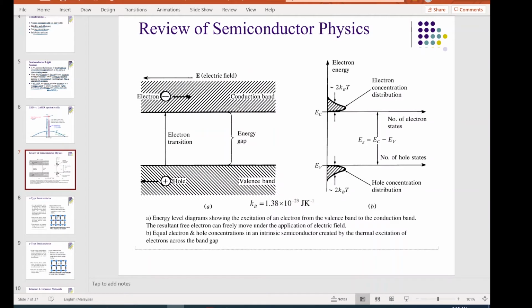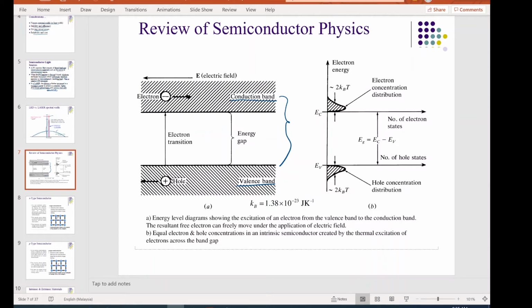Alright, for simple semiconductor physics, any semiconductor can be simplified into this type of diagram, where the bottom is the valence band and the top is the conduction band.